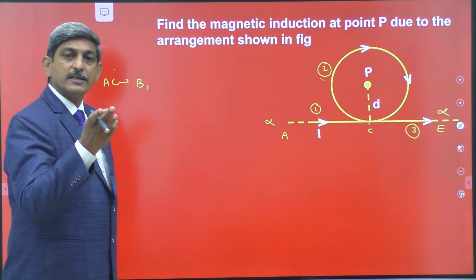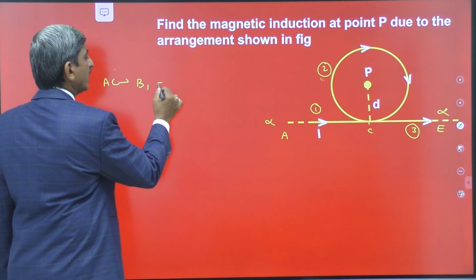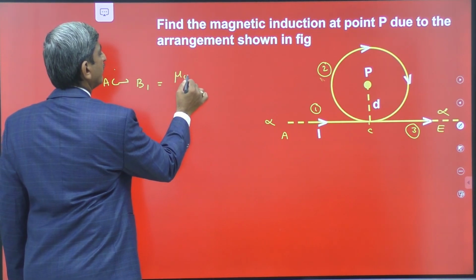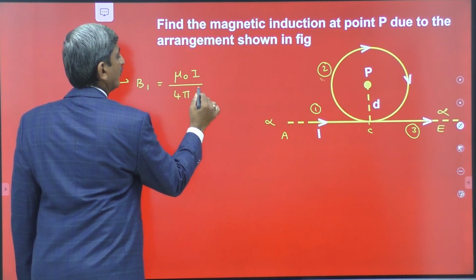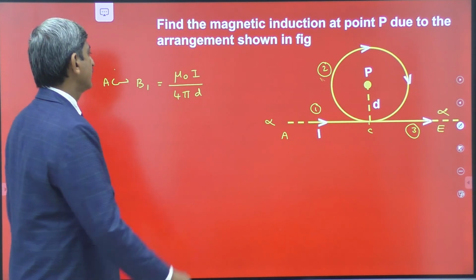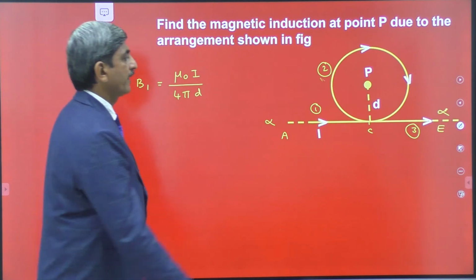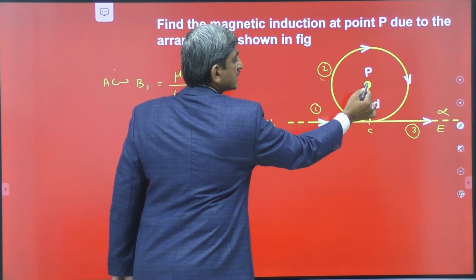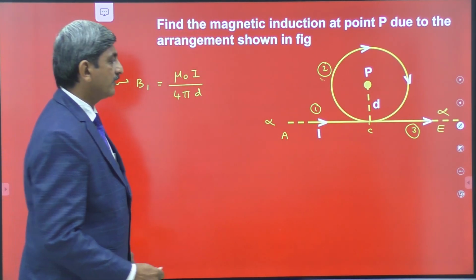While solving problem number 3 in this session, we derived the equation for magnetic field, given by B is equal to mu naught I divided by 4 pi d, whenever the point is nearer to one end of the infinite wire. That is B1 is equal to mu naught I divided by 4 pi d. Here d is nothing but the radius of the circle, which is the perpendicular distance of the point from the given wire. And what is the direction of the magnetic field?